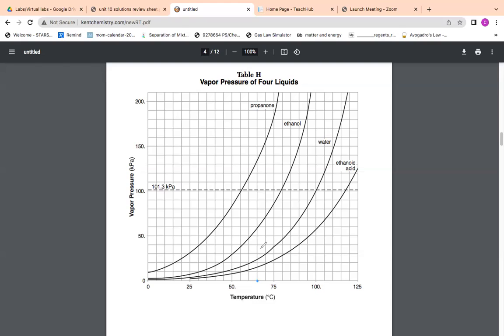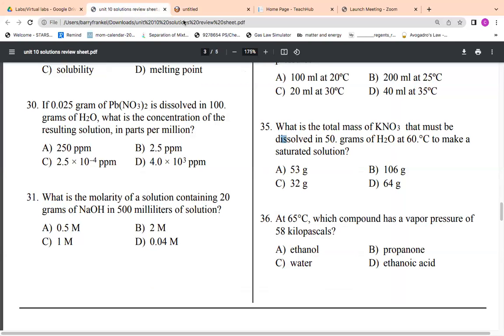And we want to know where we have to go to 58 kPa, which is right here. So we're looking at the ethanol curve. So ethanol at 65 degrees Celsius has a vapor pressure of 58 kPa. So you just have to kind of like match everything up. So for this one, number 36, we want to go with choice A, ethanol.